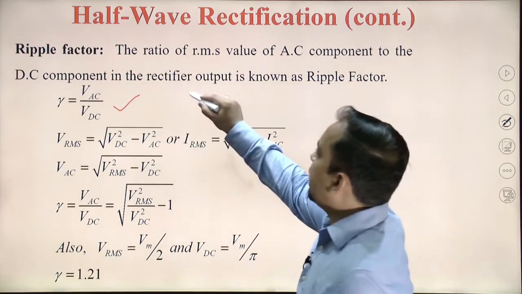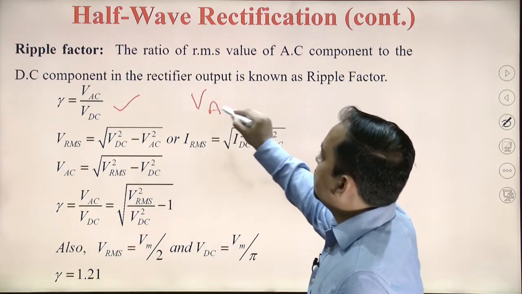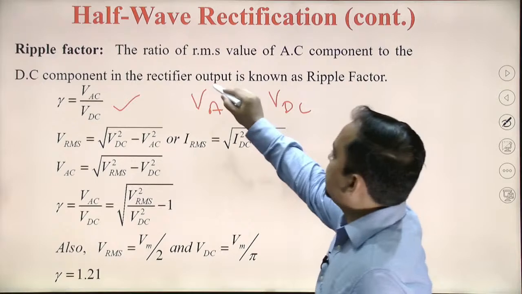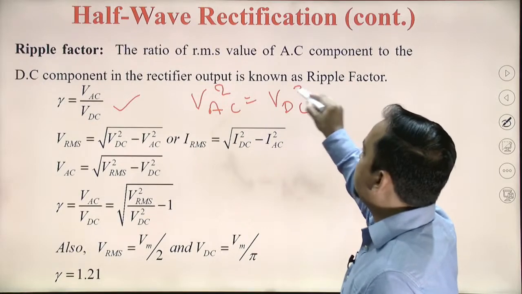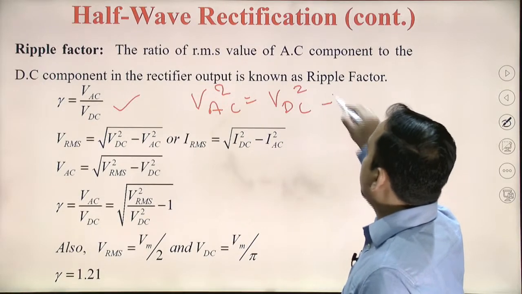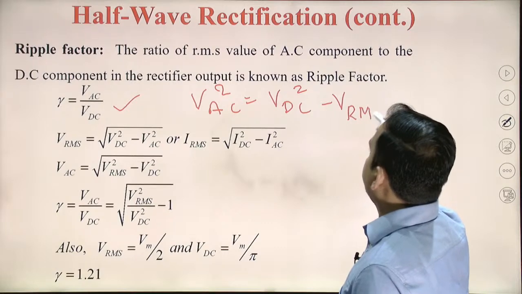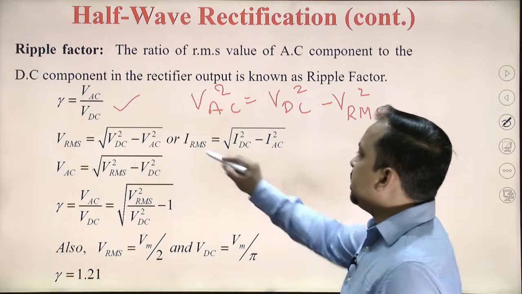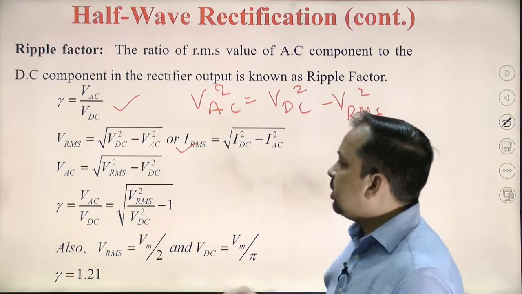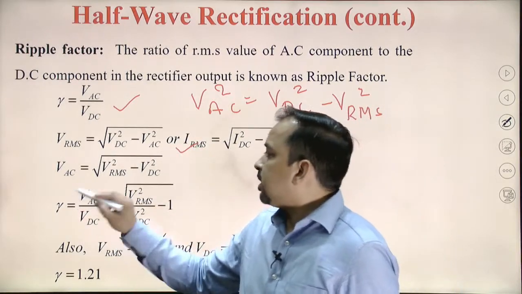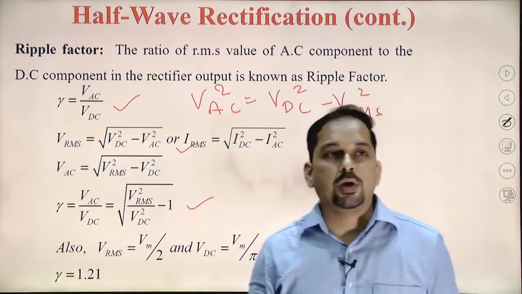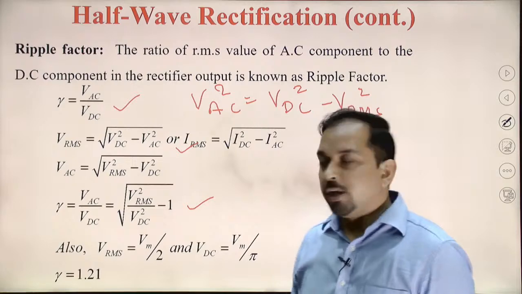Also we are aware that VAC square equals Vrms square minus VDC square. By utilizing this, we represent gamma as the square root of (Vrms by Vdc) square minus 1.